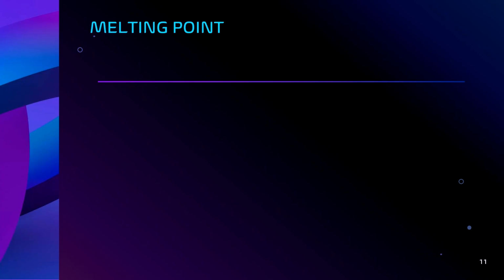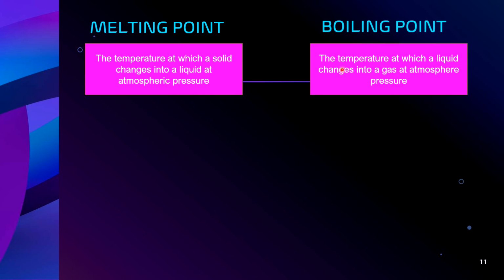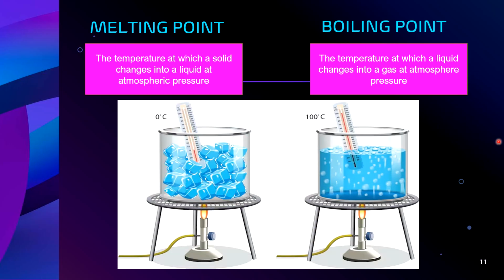So what is meant by melting point is the temperature at which a solid changes into a liquid at atmospheric pressure. Meanwhile, boiling point means the temperature at which a liquid changes into a gas at atmospheric pressure. So you can see that melting point is 0 degrees.